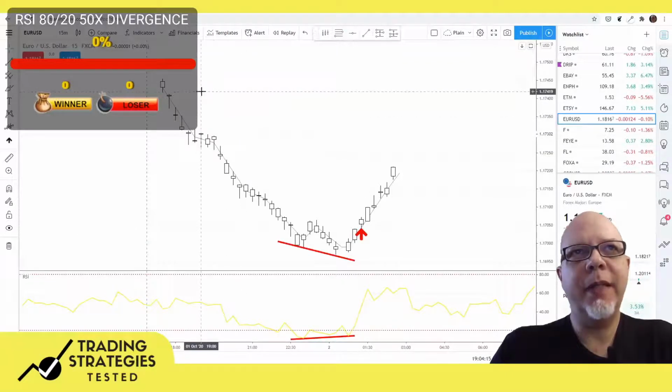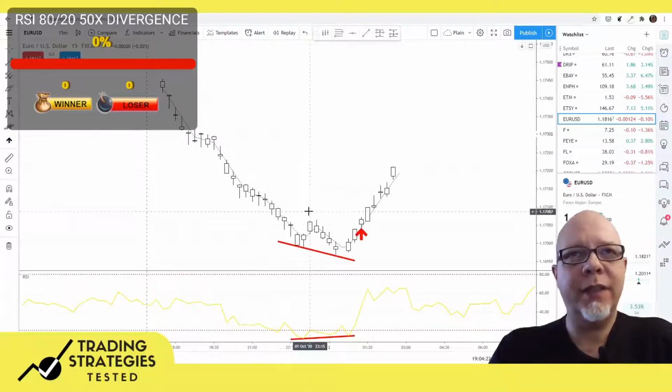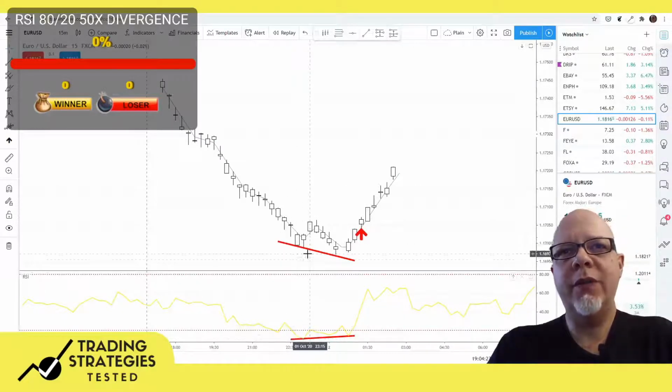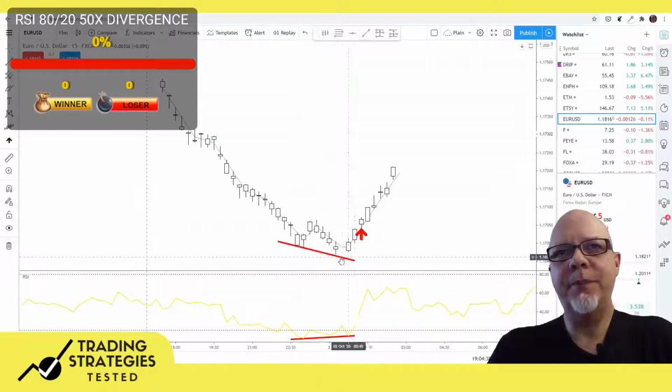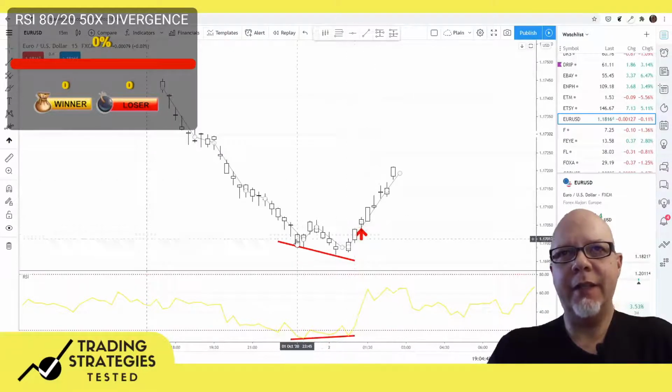Here you can see that a little bit more clearly. You're looking for something that was trending either down or up, down in this case, and you want to look at a spot where the RSI is below 20 or above 80, and then you're looking for divergence where the price is still heading lower but the RSI is heading higher. Then you enter on the first candlestick that closes higher.